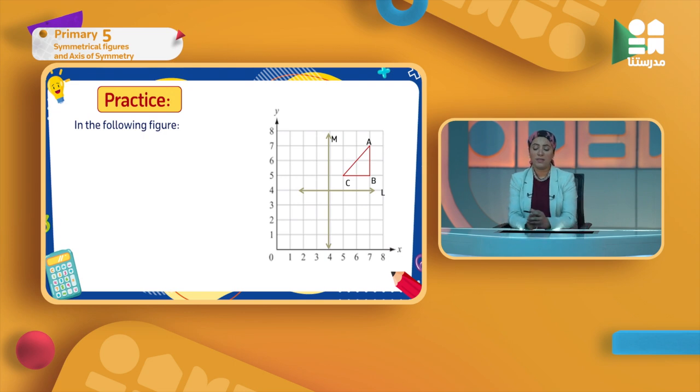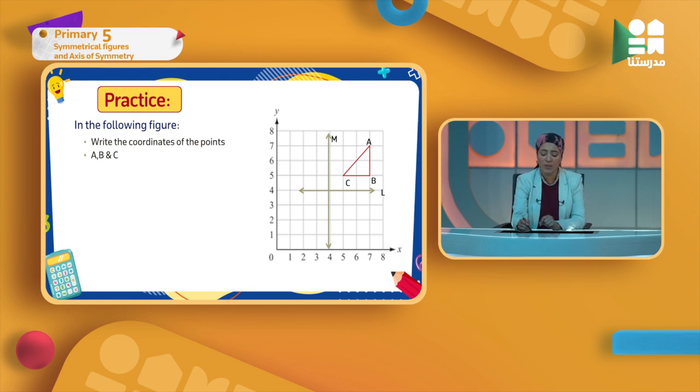Now, our last question for today. Here in the following figure, I have this y-axis and x-axis, and I have a triangle ABC, and inside my grid two more lines, which are the m-axis and the l-axis. What we want you to do is to write the coordinates of the points A, B, and C. So here the point A, of course I start in order.